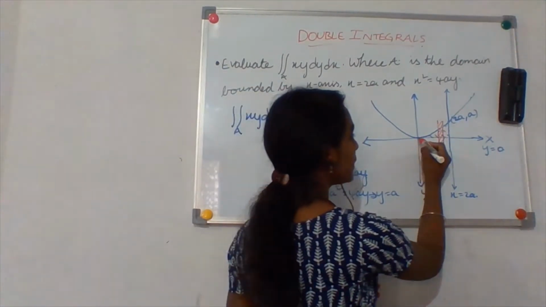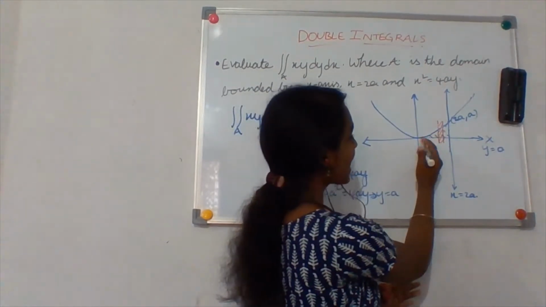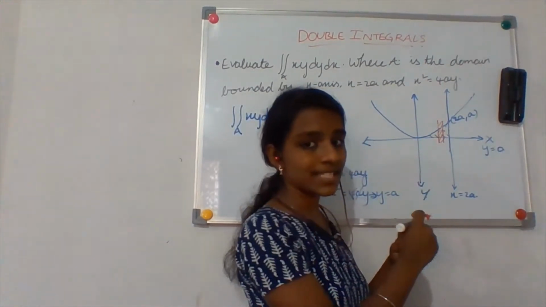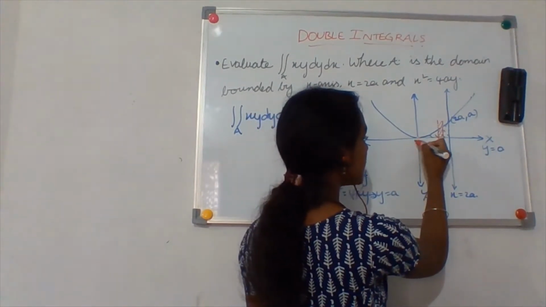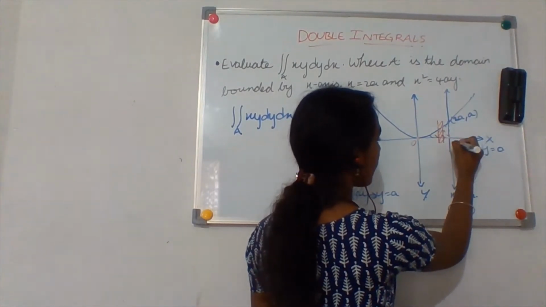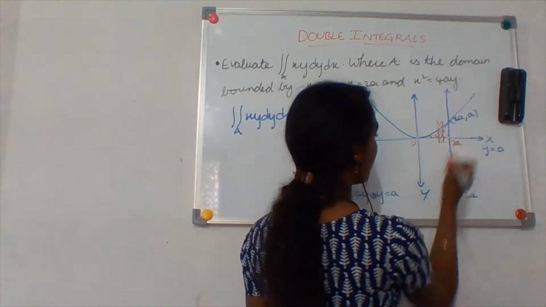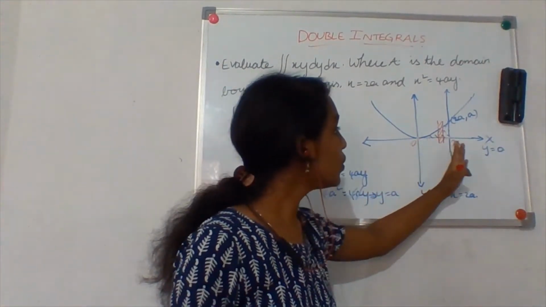If we move from here to here and you compare it with the x-axis, with respect to the x-axis, this strip moves from 0 to 2a. Okay, so that strip moves from 0 to 2a.